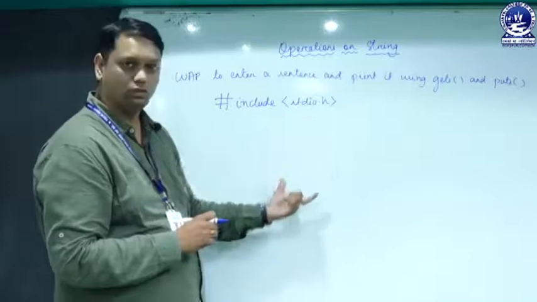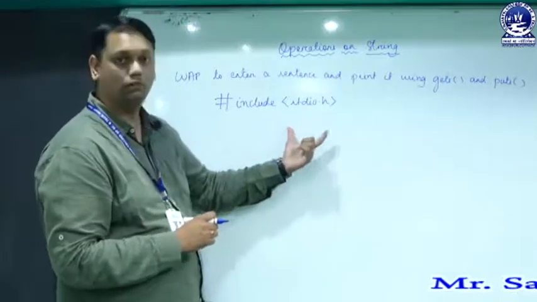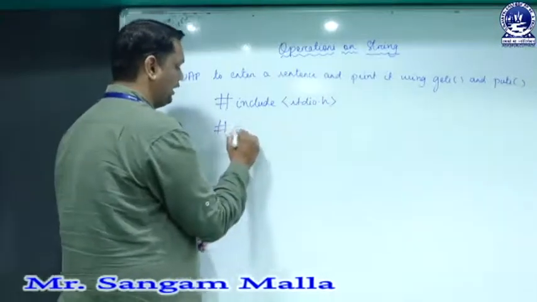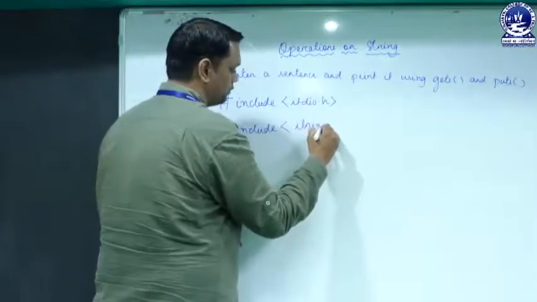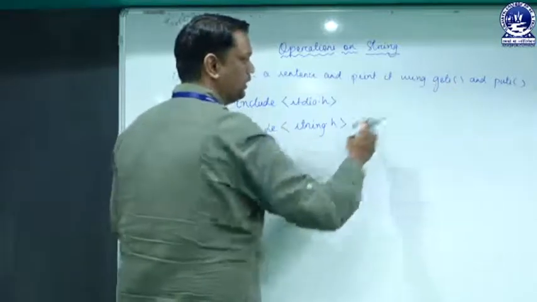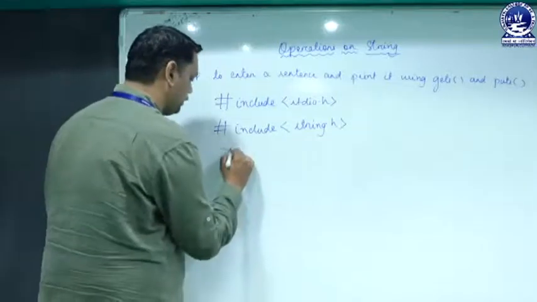So in order to use them, we have to take the help of the string.h header file. So again we have to write #include string.h. Then comes our void main.